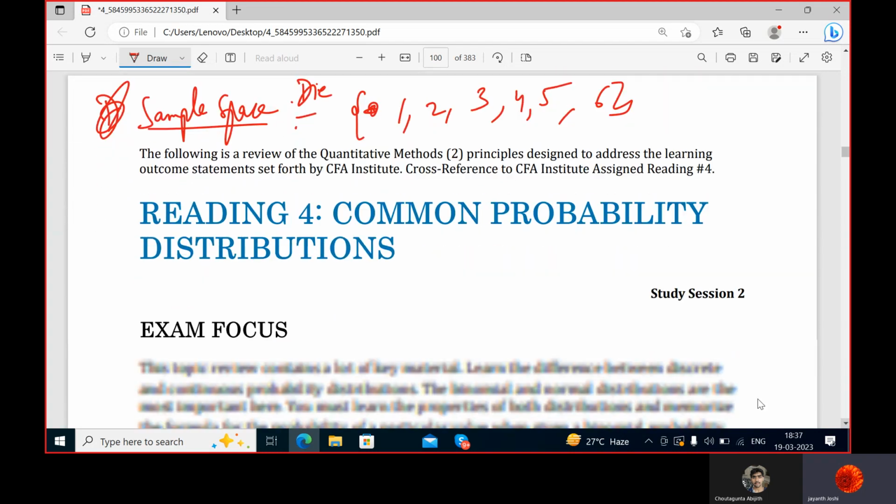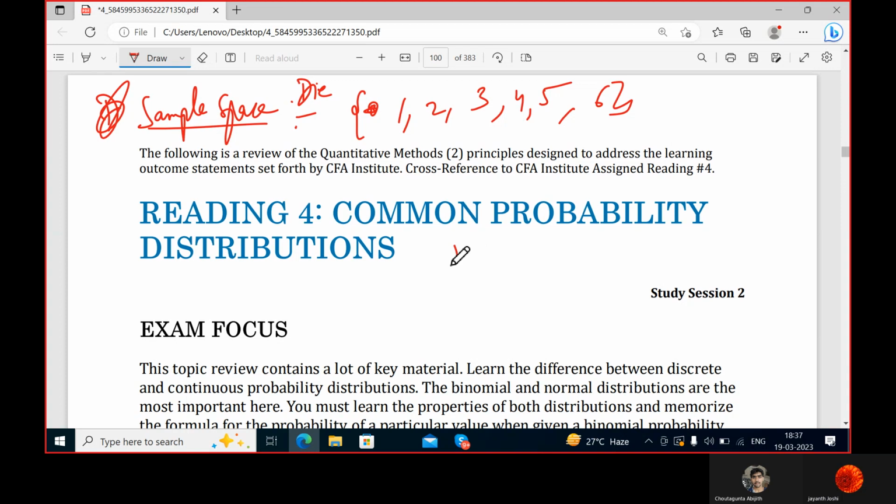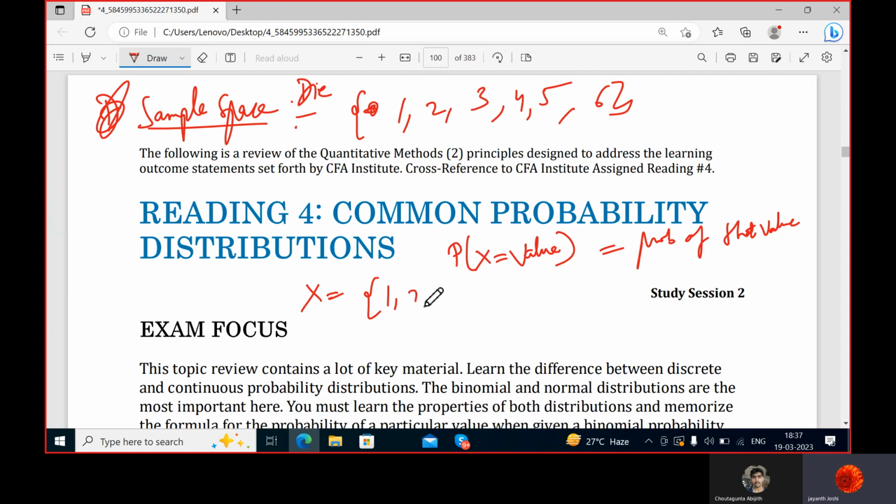Now let's see, if I take probability of x taking some value, that is equal to the probability of that value, correct? That means the random variable x is equal to 1, 2, 3, 4, 5, 6. If you throw a die, you can expect all these 6 outcomes, correct?